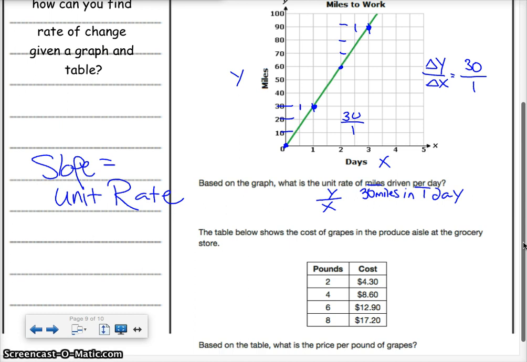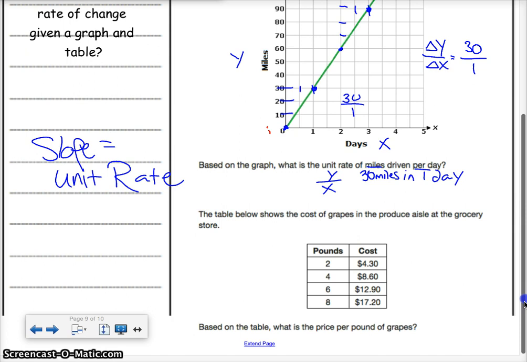For example, you will be given things that say, hey, is it 30 days per mile? So really, they talked about x first, y second. You can't do that. It's y over x. You always have to have y first, okay, when you talk about rate of change.